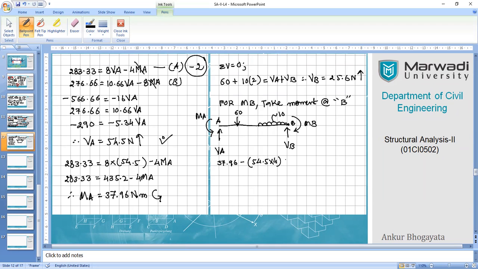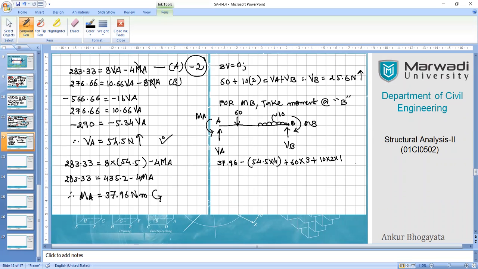Then plus we have 60, and we are taking moment about this, so it will be anti-clockwise. So 2 plus 1, that is 3, so 60 into 3, right? Then I'm taking moment of this UDL about point B, and that is also going to be an anti-clockwise positive moment, 10 into 2 into 1.